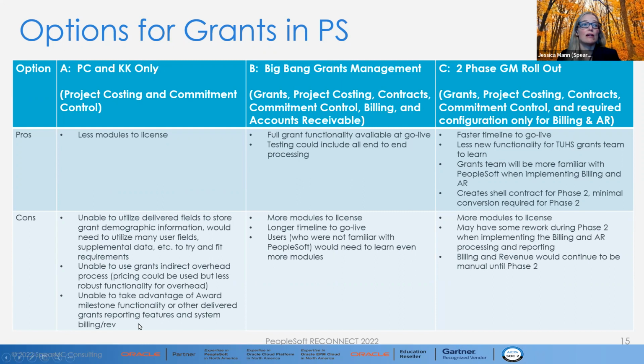But for those customers that are using just a project ID or just project costing, there really are some pain points and holes, and you have a tendency to do things more manually or have shadow systems. Without grants, you would be unable to utilize a lot of the delivered fields that store grant demographic information that is really important for reporting purposes.